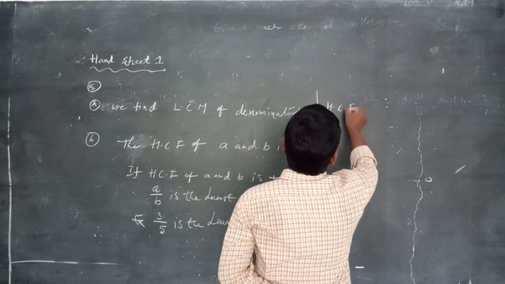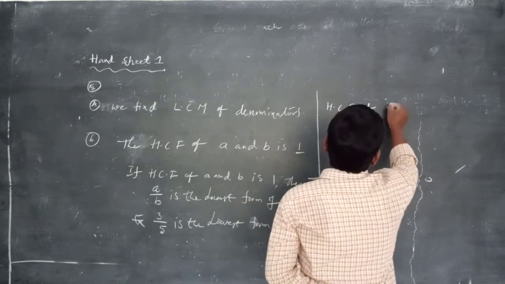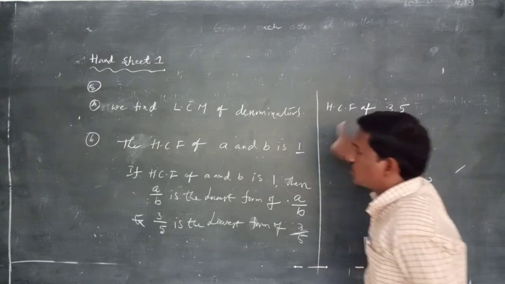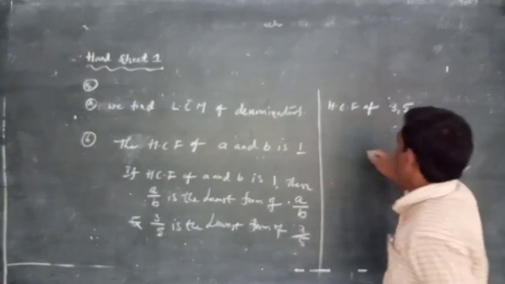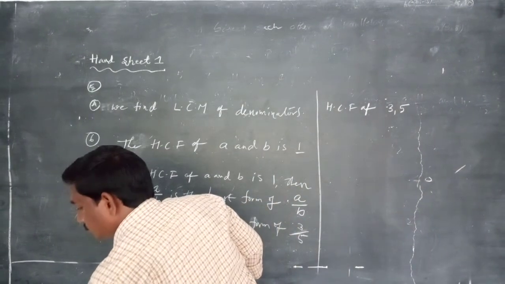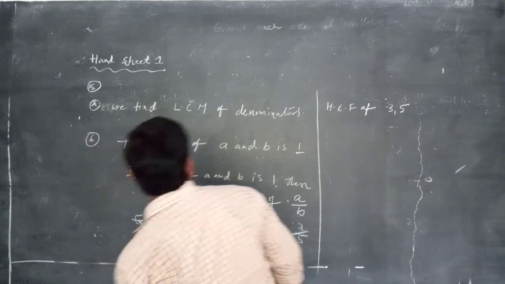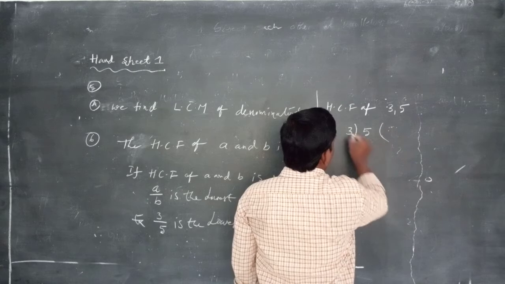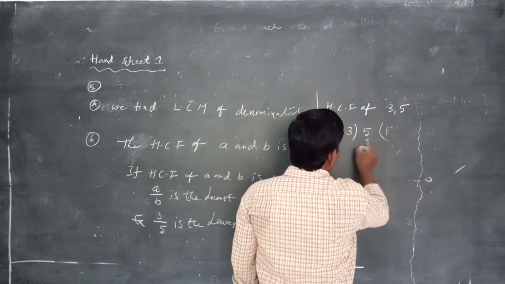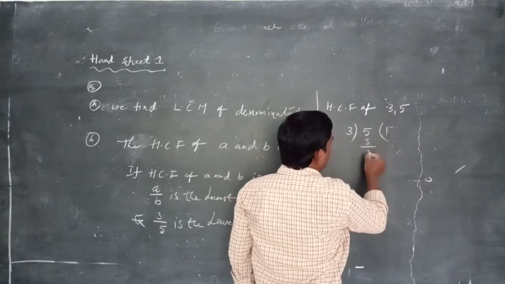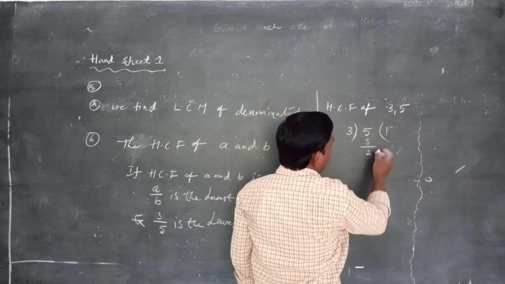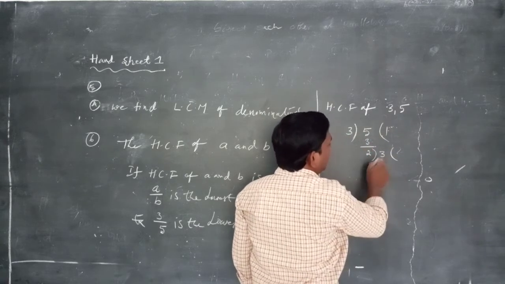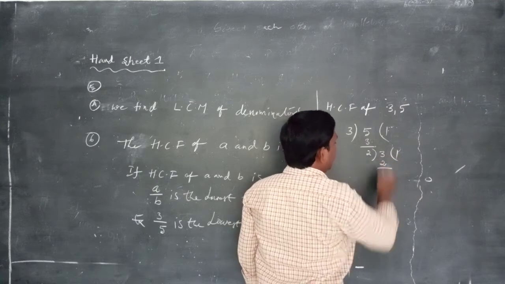HCF of 3, 5. So this is the explanation of the 6th problem. Take 3 as a divisor, 5 is a dividend. 3 table how many times? 1 time. 5 minus 3 is 2. Again 2 is the divisor, 3 is the dividend. 2 table how many times in 3? 1 time, remainder 1.